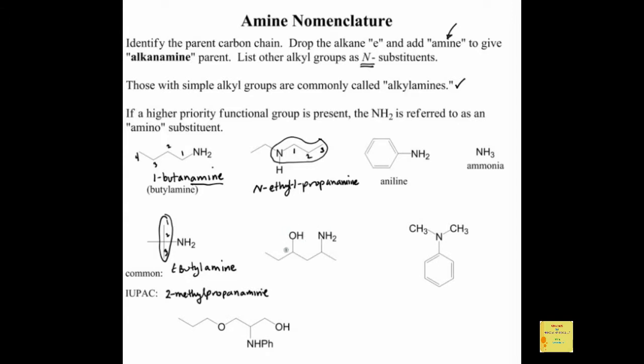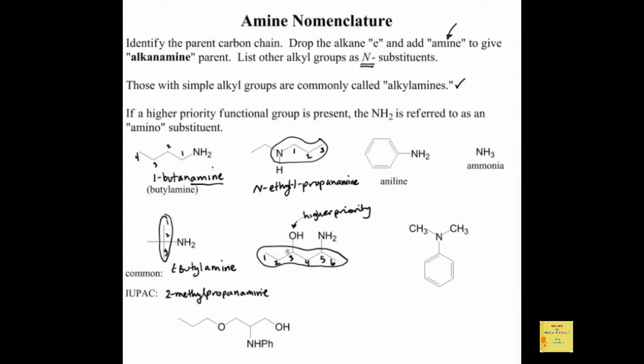Now, if we have an OH and an NH2, we have to decide which one is the higher priority because we can only have one suffix. We can't have an -ol and an amine suffix. And so the rule is that OH is the higher priority. So we would have the same carbon chain in both cases, but now we're going to name it as an alcohol. So we want to give the OH the lowest possible number. So we'll number from this direction, 1, 2, 3, 4, 5, 6.